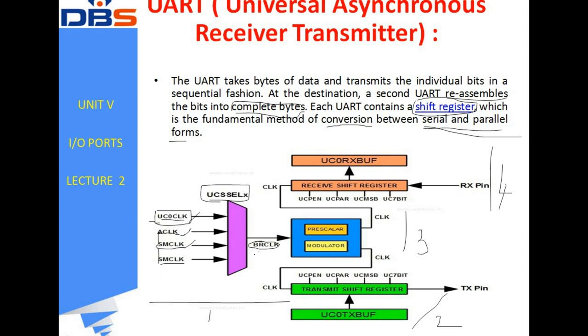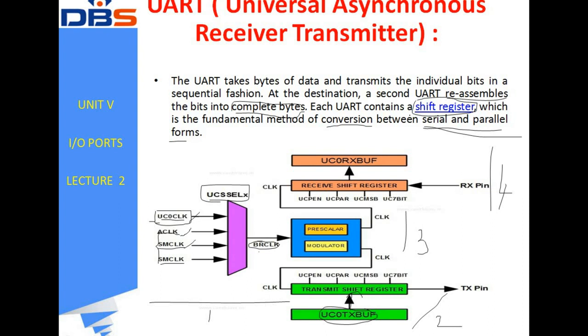After selecting this baud rate clock, it will be given as input to the prescaler or a modulator. Before going to that, this is our second section, the transmission section. The data or bits we need to transmit will be stored in this transmitter buffer register, and this data will be sent to the transmit shift register.